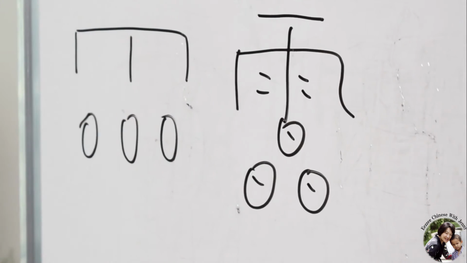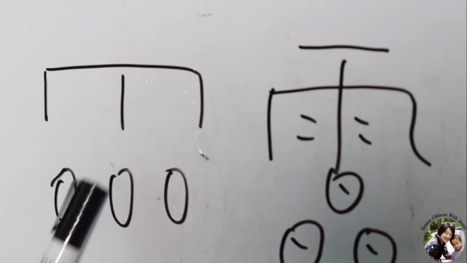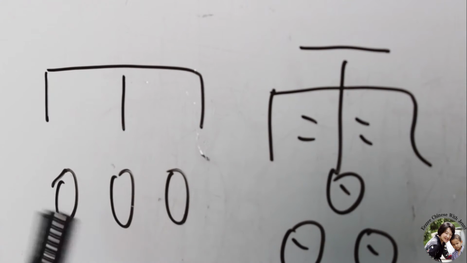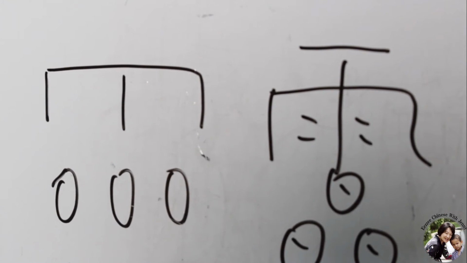Let's learn another character. We have learned the rain, the snow. How about this one? Drop. You know, it's like a ball. This represents many balls. How about dropping balls from the sky? What is it? It is hail.